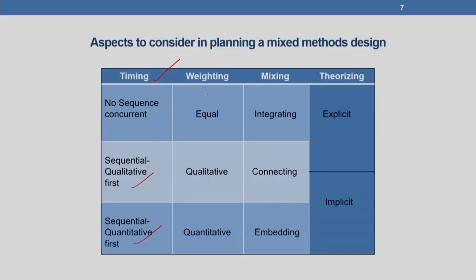The second aspect is with regard to weighting. This is another important aspect where, when we are taking up qualitative and quantitative research, the weighting may be equal, or the weight may be more on quantitative, less on qualitative, and vice versa. In some studies the weight may be equal, in other studies it might emphasize one or the other.